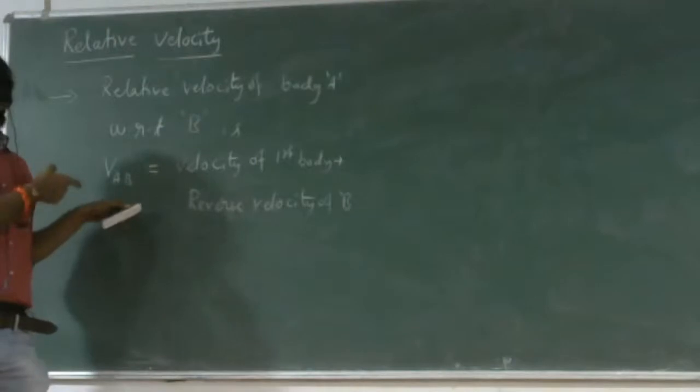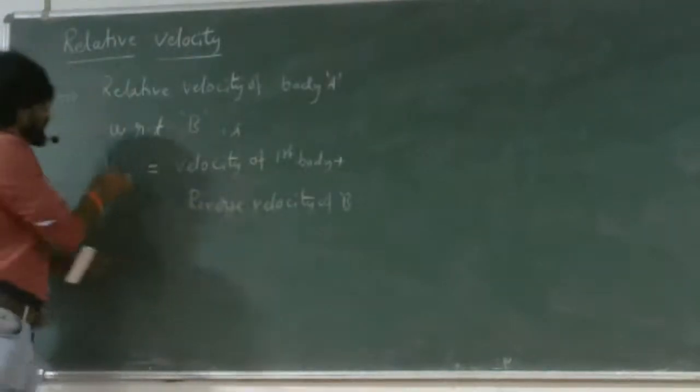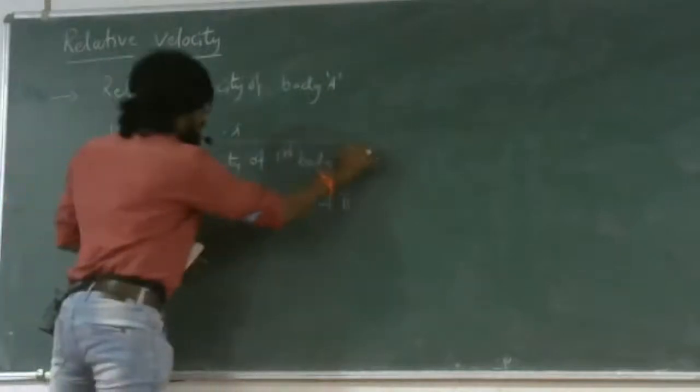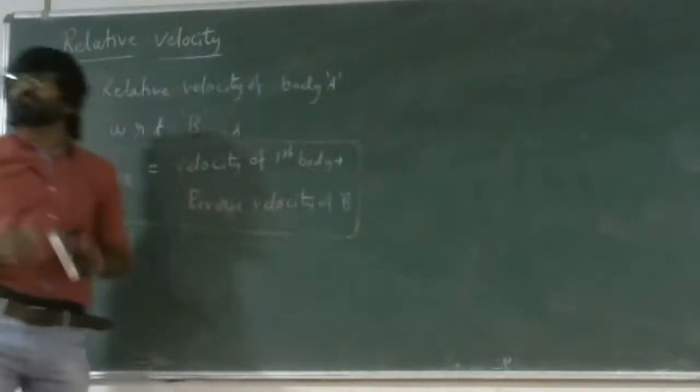Here we are considering the second body as B, so the reverse velocity of that. This we can consider as the general formula for relative velocity of two bodies.